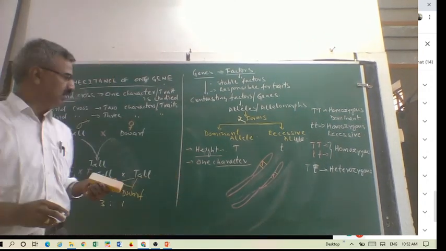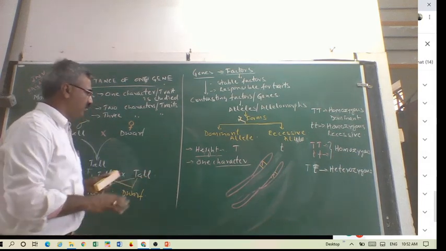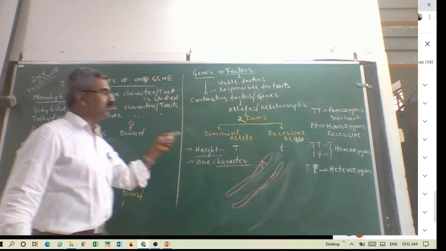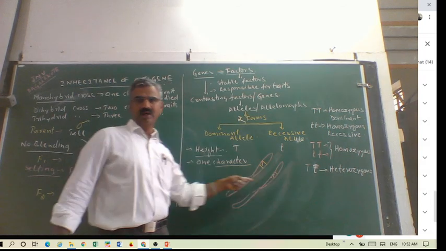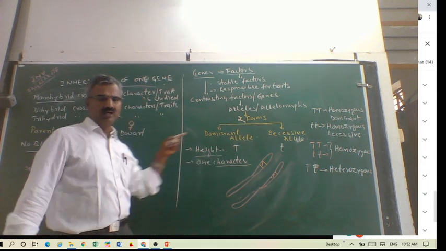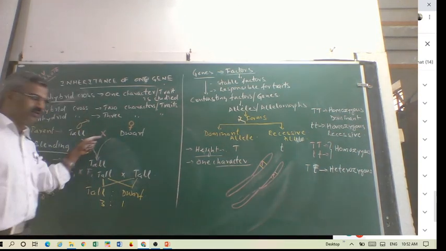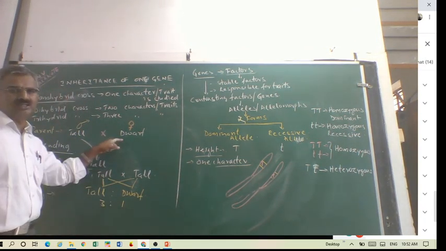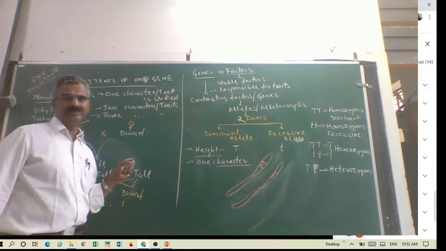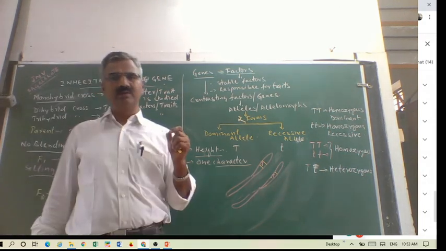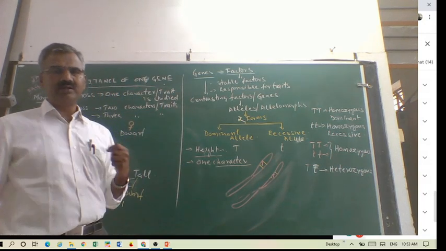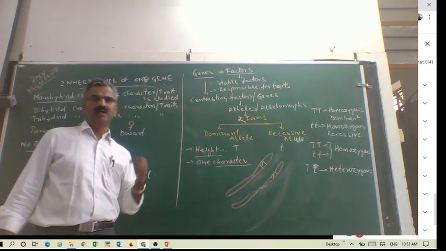So actually we have to discuss how exactly Mendel was able to explain this by using all these terms. We have to see how one trait or one gene is responsible for one trait, and what are the rules under which the traits are going to be inherited from parent to the offspring.